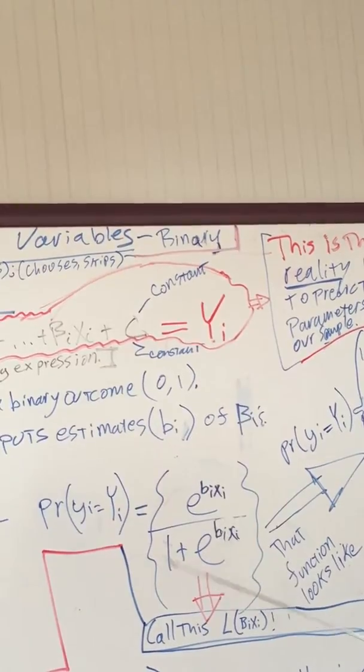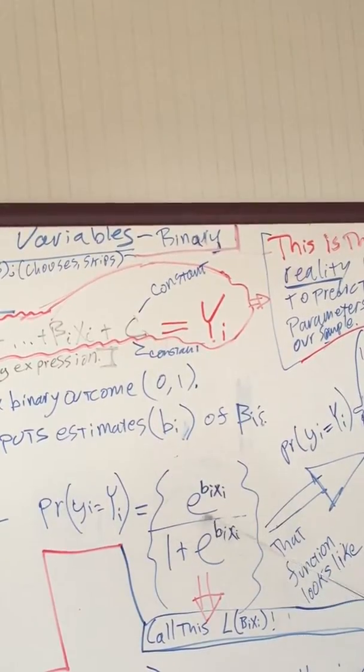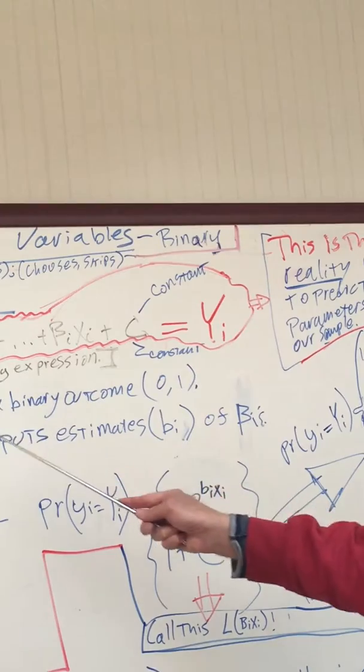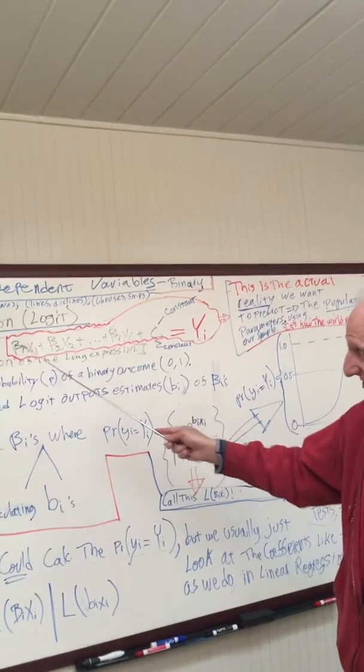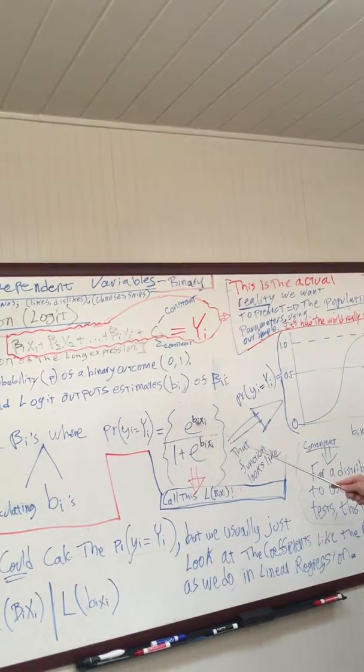So that probability equals e to the bixi over 1 plus e to the bixi, where bixi is the same as this, except with b's and small x's instead of betas and capital X's. So that's the data and the calculated coefficients.